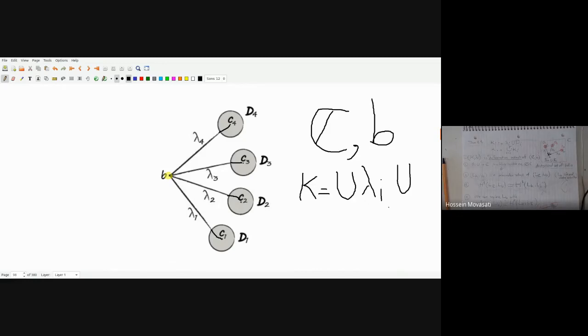So here it means the image of lambda i, union with all these Di.